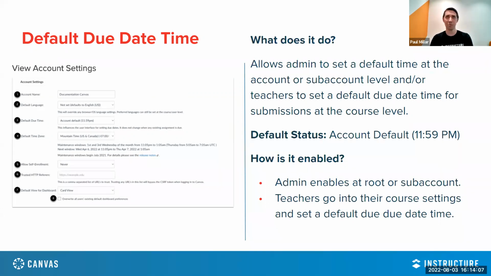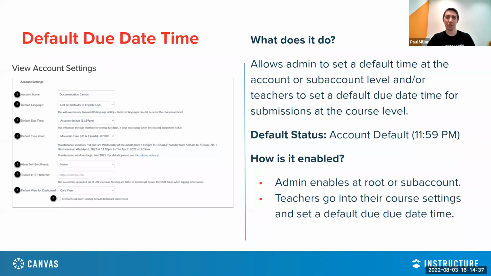Traditionally, the account default is 11:59 p.m. Some people don't like that it is right before midnight, as it encourages students to stay up till midnight to submit assignments, which we all know students do, particularly at university.